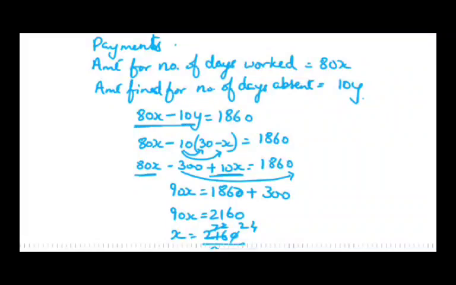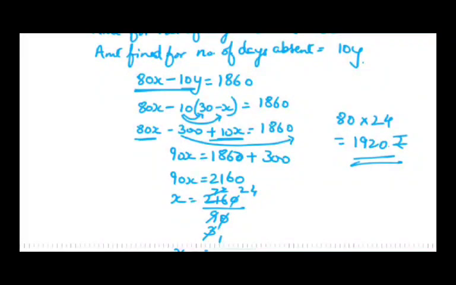As a check, let's see. 80x. What is 80x? 80 into 24. How much is 80 into 24? 1920. Done it on the calculator, children. So 1920 rupees is what he earned. But then he's been fined.